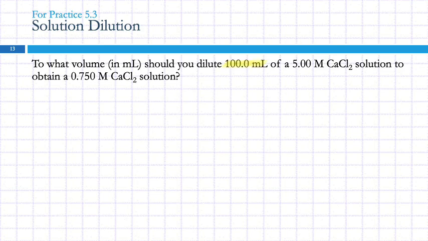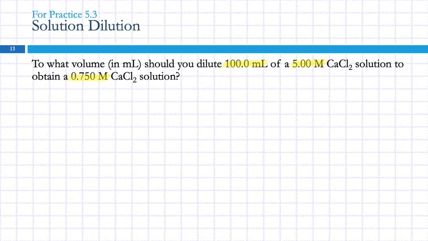So we have 100 milliliters, we have 5 molar, and we have 0.75 molar. The important thing here is that we are diluting. There's no chemical reaction going on. Students like this equation so much that they try to use it in places where it's not appropriate. So this is just when we're diluting things.